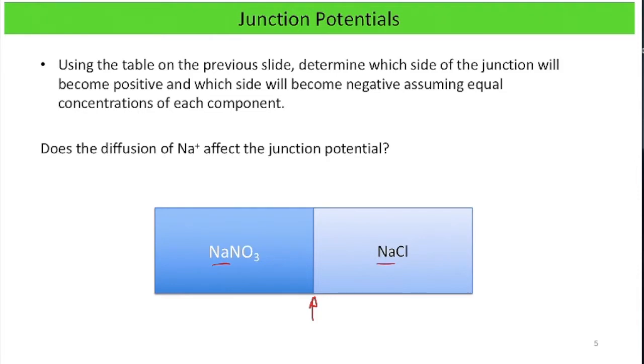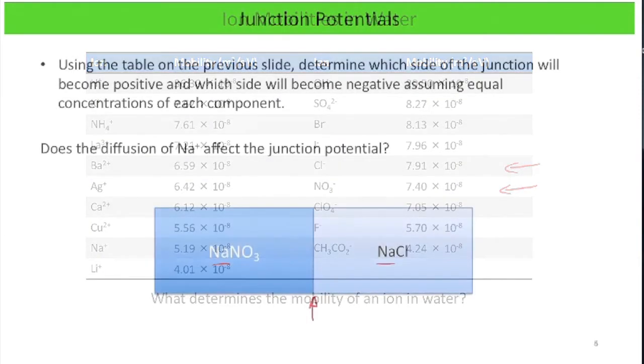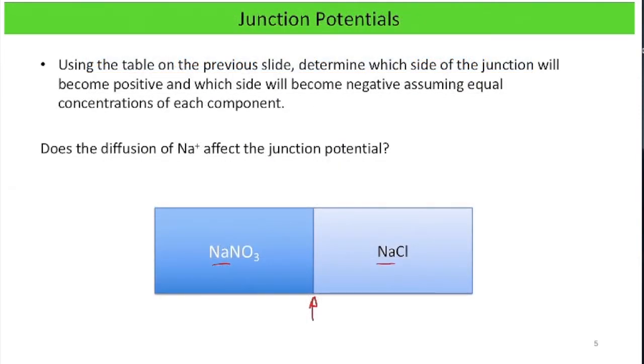So if we go back to the previous slide, we look at chloride and we look at nitrate, and we can see that chloride has a higher mobility than nitrate does. So what will happen in this diagram is that the chloride will be moving towards the left and the nitrate will be moving towards the right, but it won't be moving as quickly as the chloride is moving.